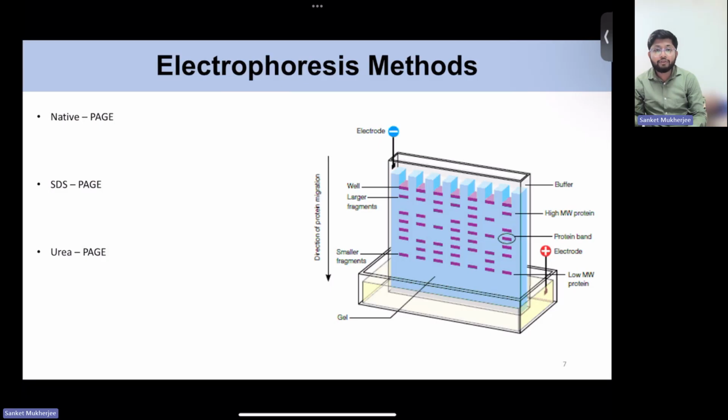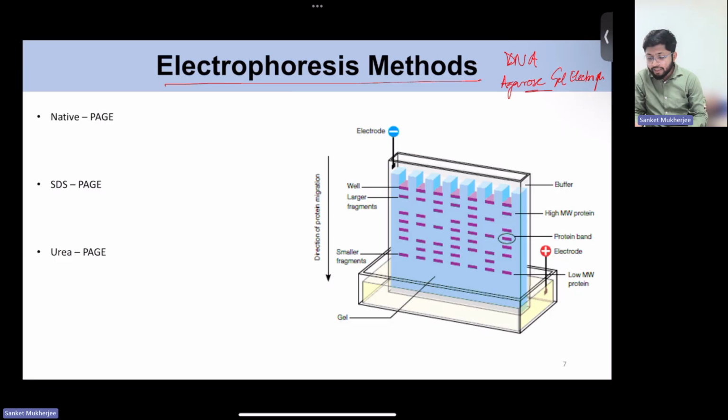So we are talking about electrophoresis methods again. Once you have your protein sample, apart from running it in chromatography, another thing that can be done is electrophoresis. For DNA, we go for agarose gel electrophoresis, and it is very simple.